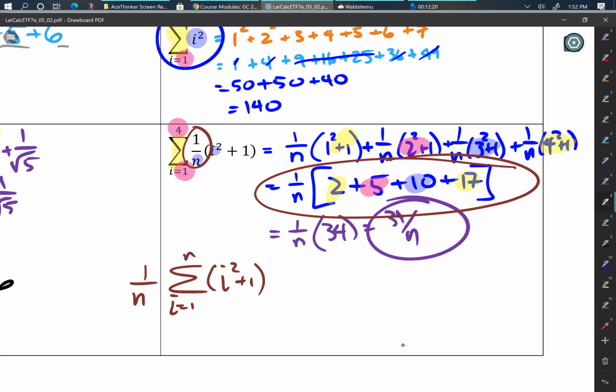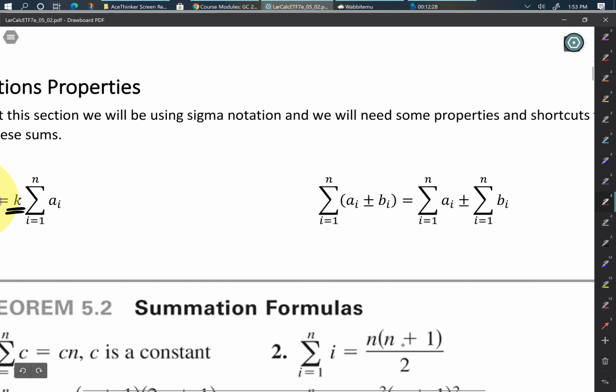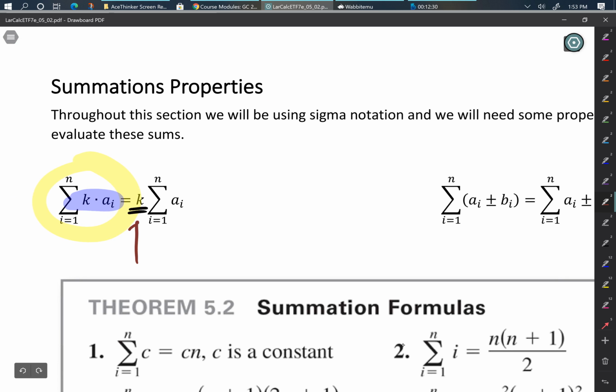The reason I would do that is because maybe if I make this simpler, I can evaluate it more quickly. So I can use this to simplify my formula for my terms, and if I can simplify it, then I can evaluate it more quickly.